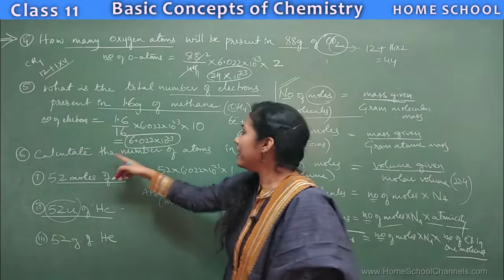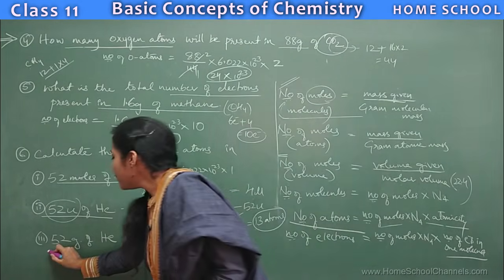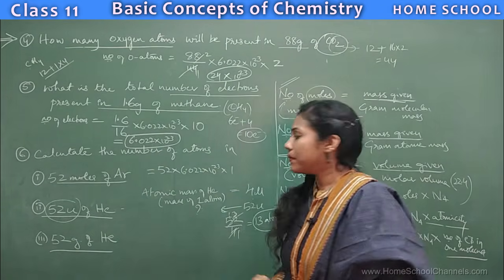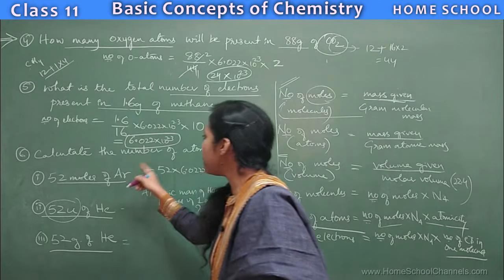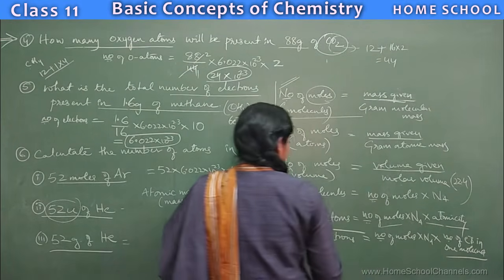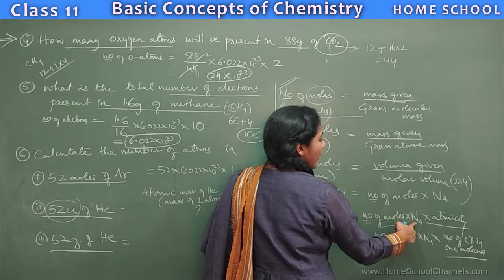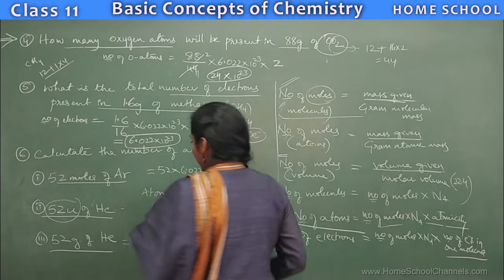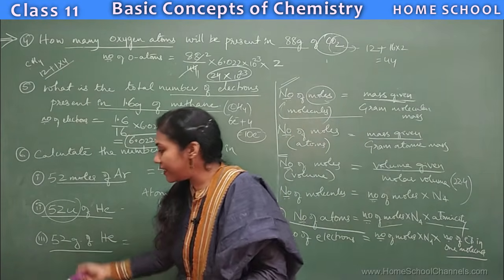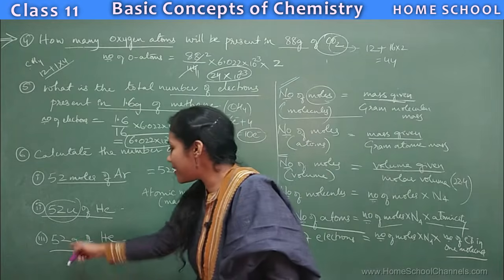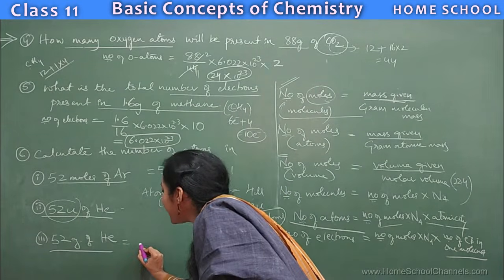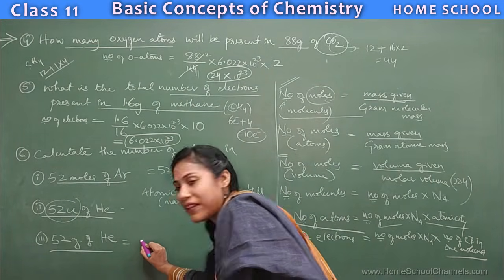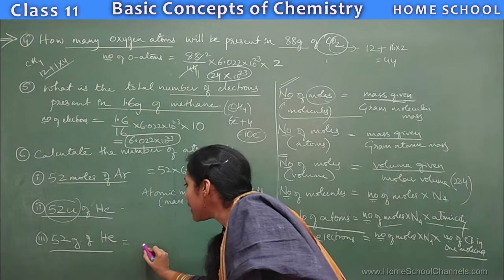So, same thing. Calculate the number of atoms in 52 grams of helium. So, what is the formula? Number of atoms to calculate, number of moles into Avogadro number into atomicity. So, number of moles directly they have not given. Mass is given. So, how do you calculate moles? Mass given divided by atomic mass, isn't it?